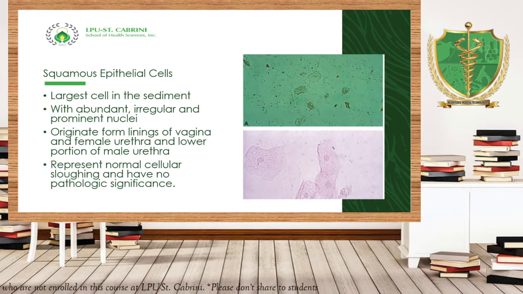Nagiging significant ang squamous epithelial cells kapag po mayroong presence ng tinatawag nating clue cells. Okay? Ulitin. Nagiging significant po ang squamous epithelial cells if there is what we call clue cells.